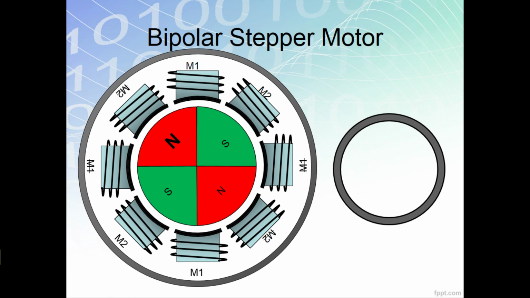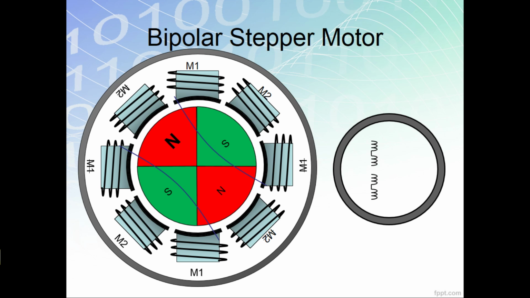So let's go to the difference between the bipolar stepper motor and the unipolar. So let's check how the bipolar stepper motor is constructed. First, we have M1 and M1 bar coil, which is connected to each other.